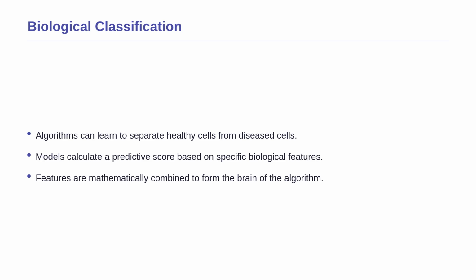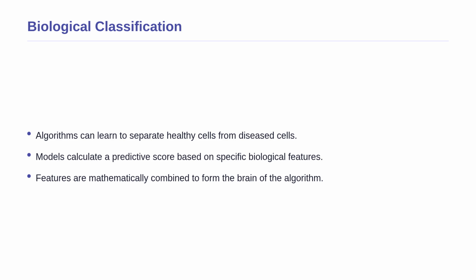With these powerful applications in mind, let us look at how a computer actually makes a medical decision. One of the most fundamental tasks in bioinformatics is biological classification, such as separating healthy cells from diseased cells. To do this, the computer calculates a score based on biological features, like the expression levels of specific genes.